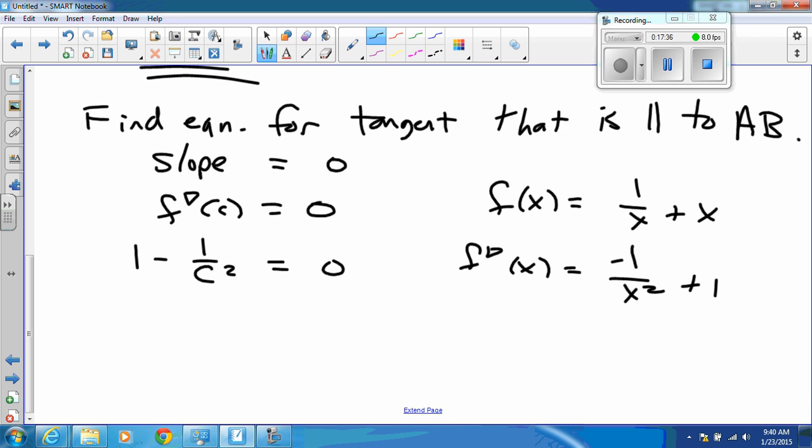Don't stop with your algebra. Do a domain check on the answers. Tell me how. Well, I did 1 over c squared equals 0. Or, yeah, no, equals 1.